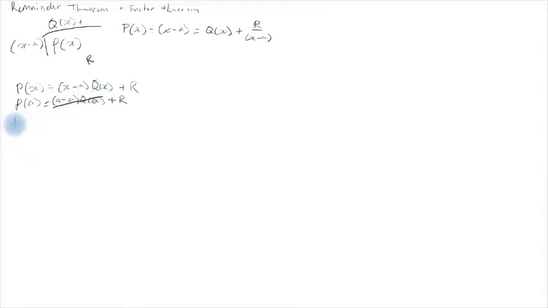Now your polynomial of a gives your remainder. So to find your remainder, you just need to put a in, and that will give you your remainder. So that's the remainder theorem, and I'll go into that in a bit more detail in one moment.